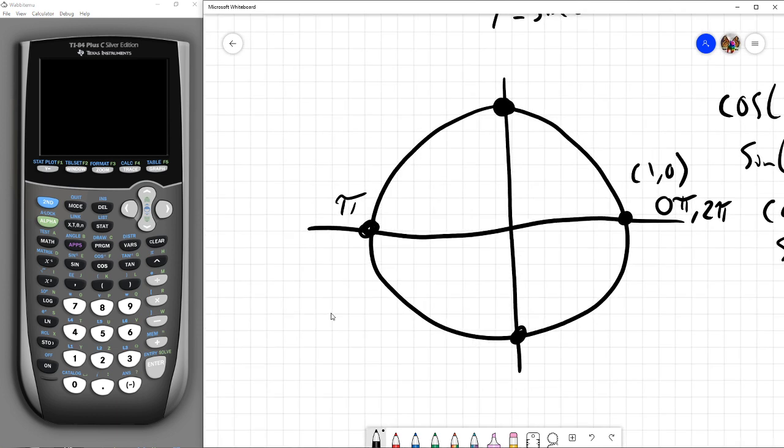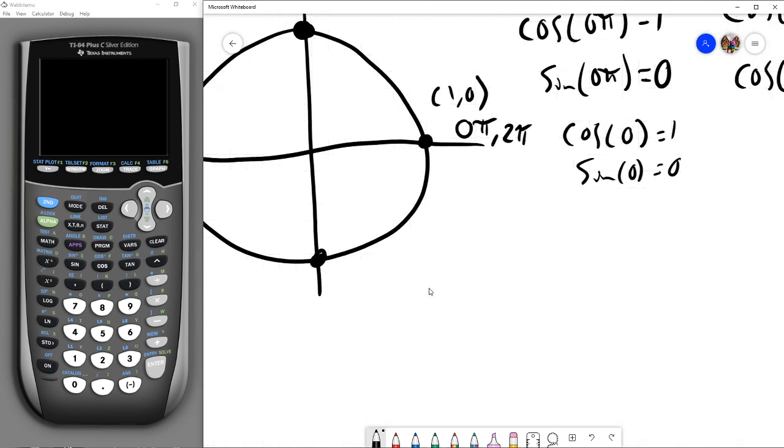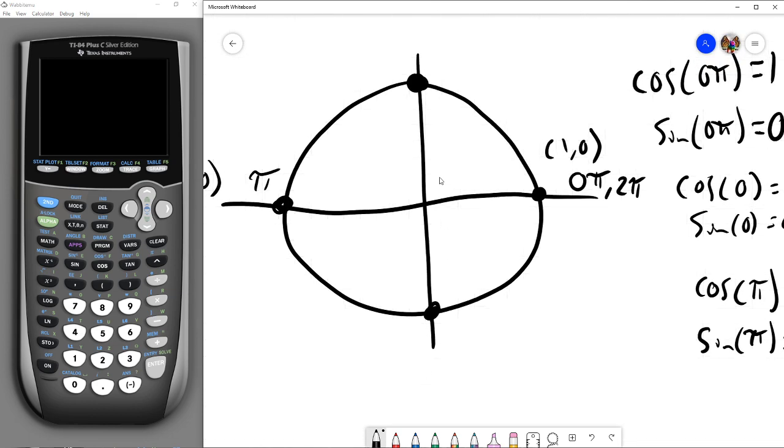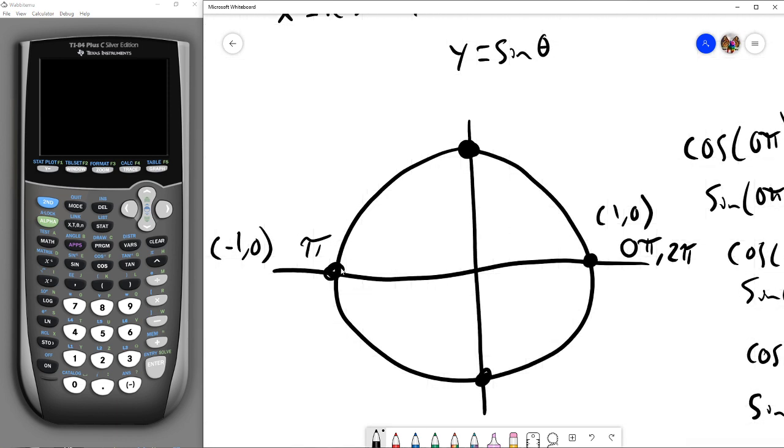And for pi over here, we know that coordinate is going to be negative 1 comma 0. So that tells us that cosine of pi is going to equal negative 1, and sine of pi is equal to 0. For our top here, we're halfway in between 0 and pi, so that's pi over 2.